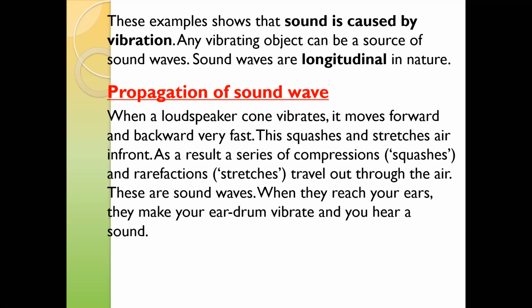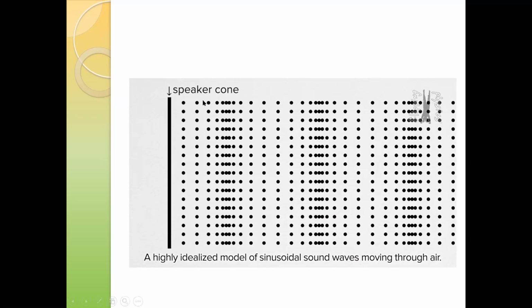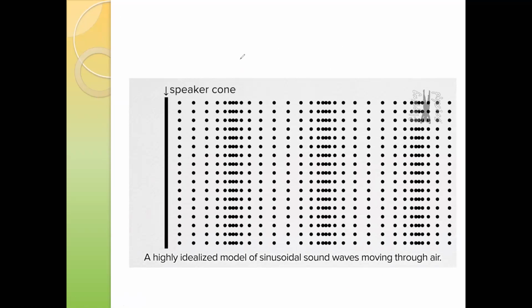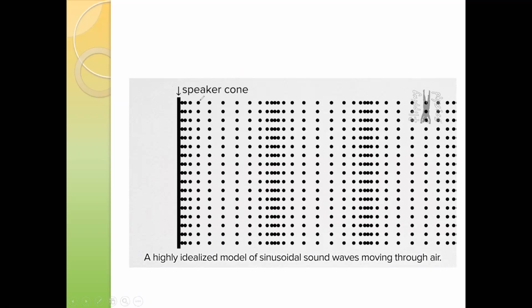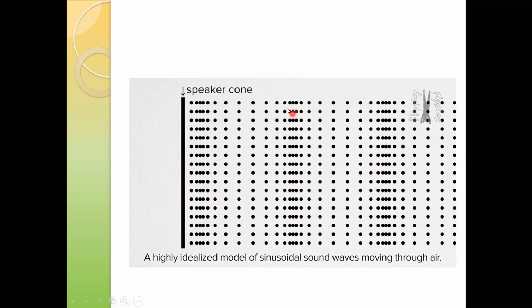Example, as you can see in the next picture. See, this is a cone of a loudspeaker. When this cone starts to vibrate, you can see it is pushing the air particles, and these air particles move in the same direction as the wave. And there are regions where the particles are closer to each other.